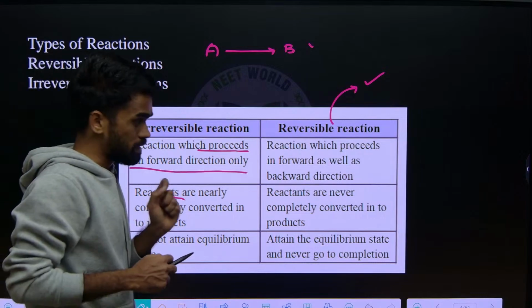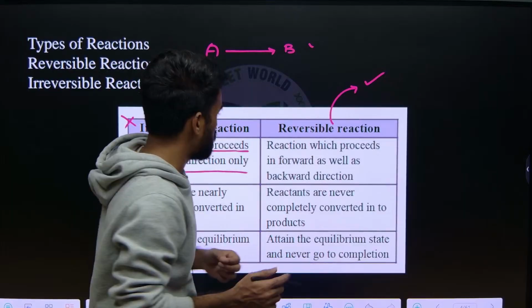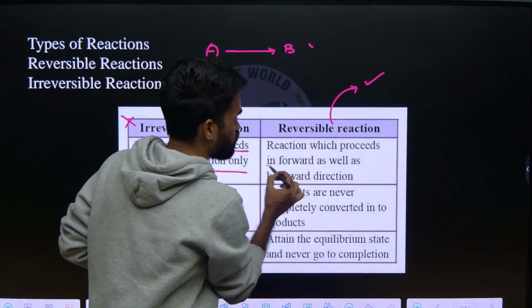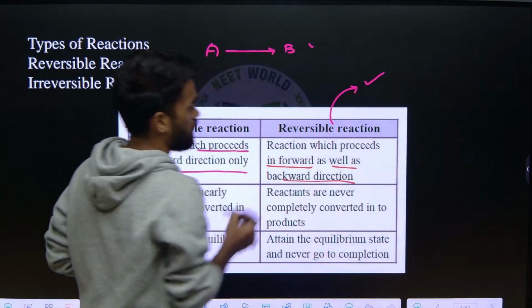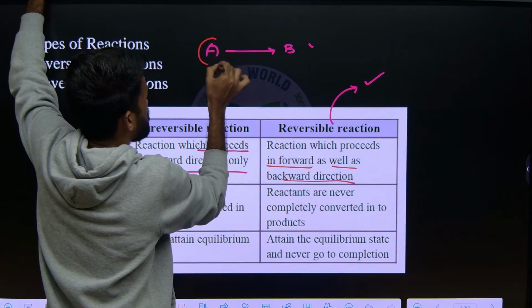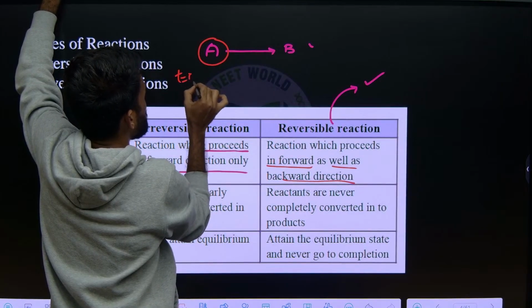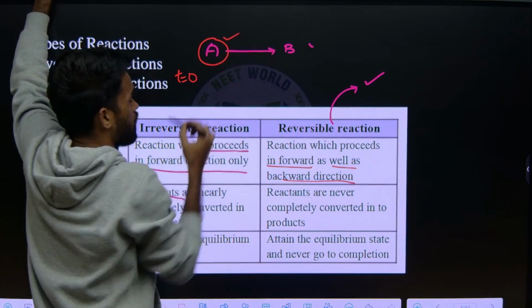Next, when it comes to a reversible reaction, here you can see the reaction proceeds in forward as well as backward direction. Let us say I am starting the reaction with this reactant A. At time t0, in the initial case, we have only reactant right now.